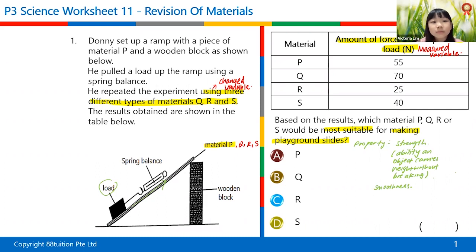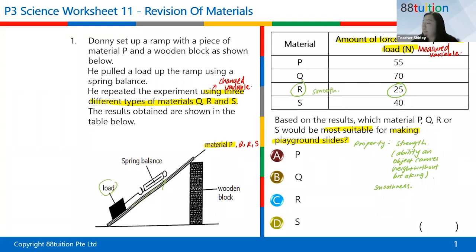R. Yeah, because if you make sense of the results, the amount of force used to pull the load seems like the least compared to the rest. So what does that suggest to you about material R? Material R is very smooth. Since it's smooth, it will be very suitable to make playground slides.